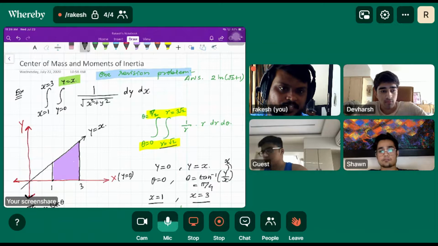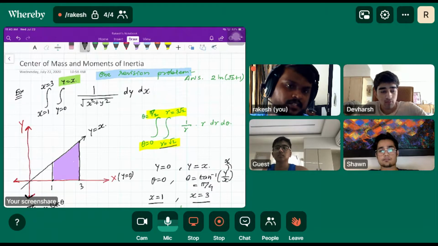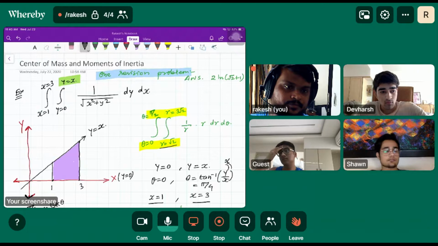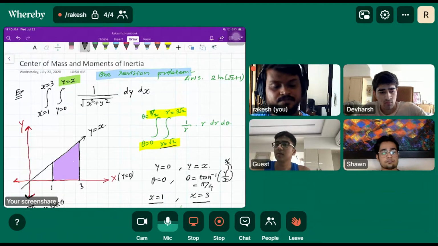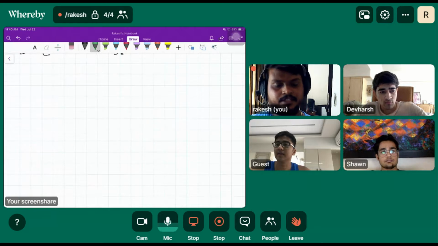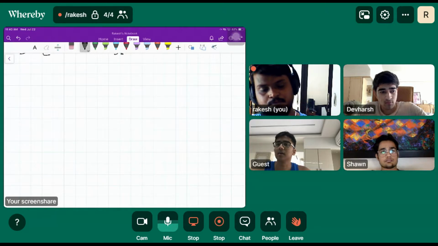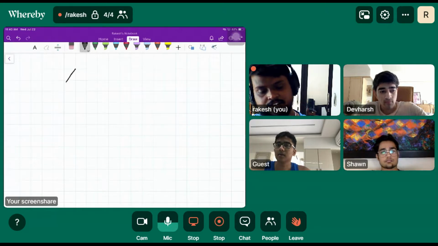Can we say that the geometric center point is the same as the center of mass? Suppose we have an equilateral triangle like this.